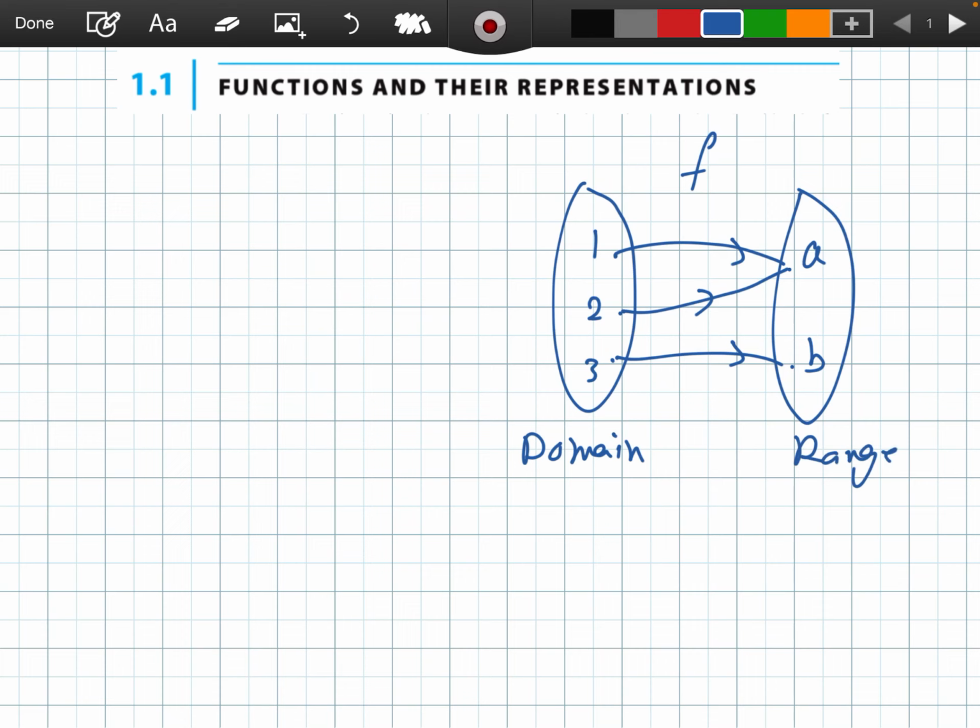The elements in the domain are said to be independent, and in the range are said to be dependent. The elements in the first set are said to be X, and in the second set said to be Y.